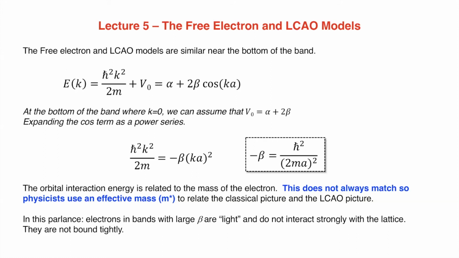Okay, so the mass of the electron tells you about how deeply it falls into the wells at each nucleus, and how tightly it is bonded to that lattice. An electron that's light flies around very easily, is not very strongly bonded to that lattice, and it happens to be the case that that is in bands that have very strong orbital interactions.